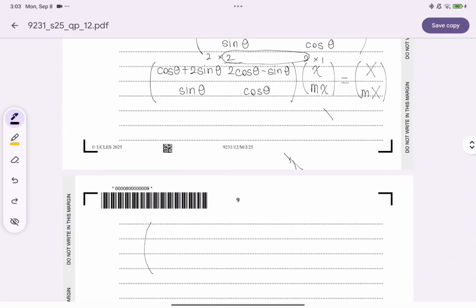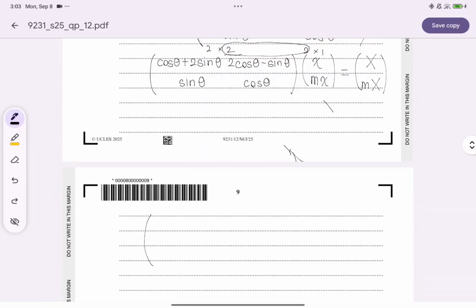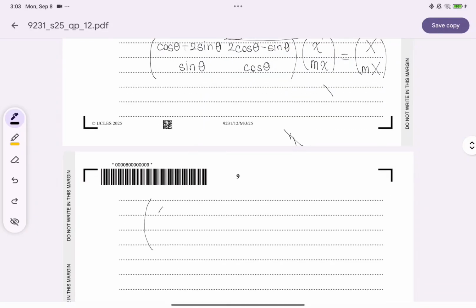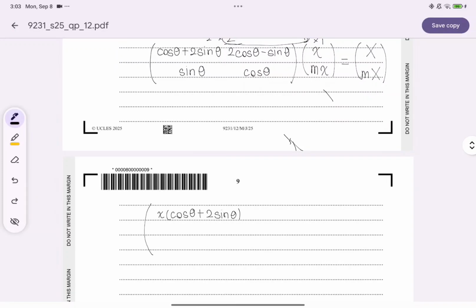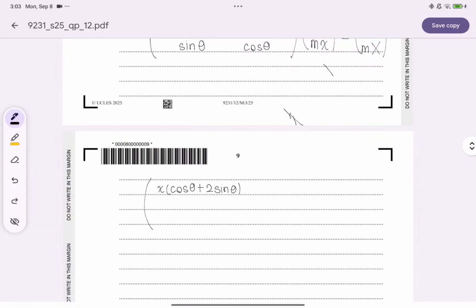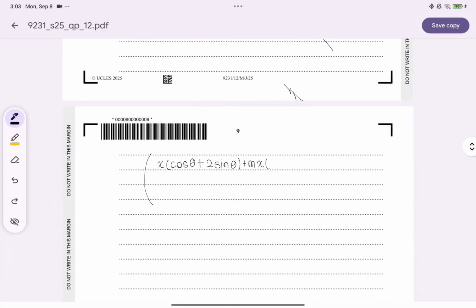To do this, we multiply cosine theta plus 2 sine theta with x, so this would be x times cosine theta plus 2 sine theta, plus mx times 2 cos theta minus sine theta.